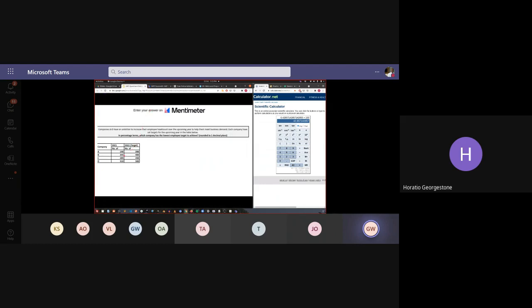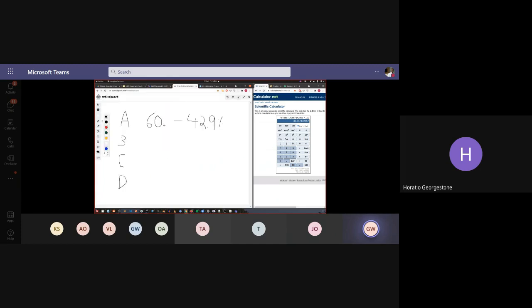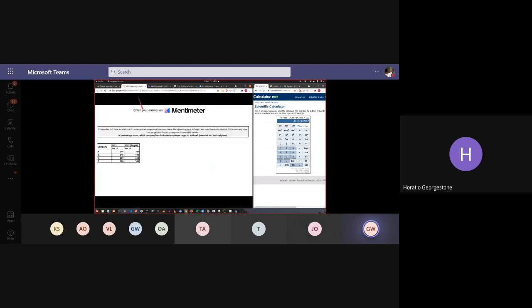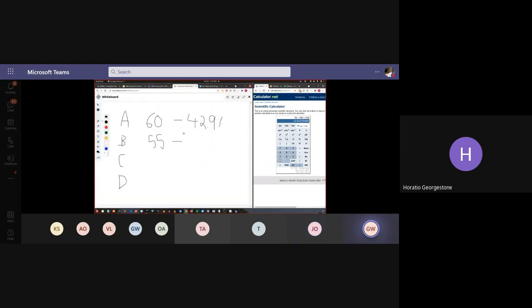And then the next one, 345 to 400. So that's an increase of 55. So 400 minus 345. So what is 55 as a percentage of the current? 55 out of 345 times 100 is 15.9%.